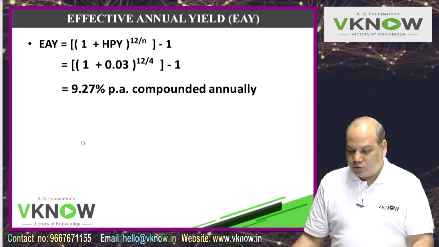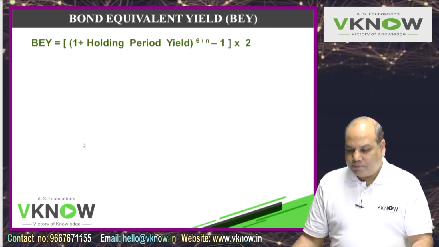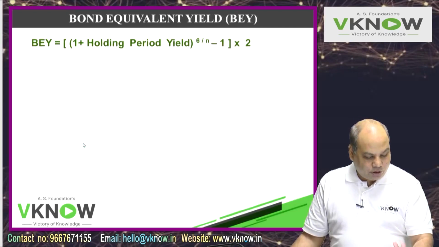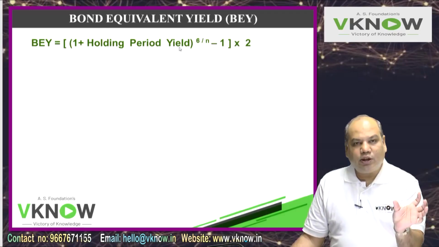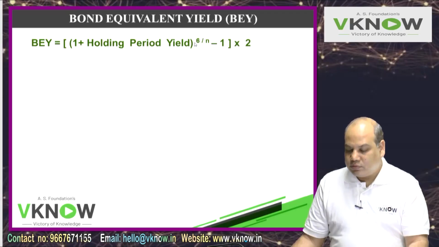Okay, let us go to next heading, bond equivalent yield. Next line, bond equivalent yield, BEY. Bond equivalent yield is equal to, first you draw this big bracket, 1 plus HPY. First we will calculate the effective yield for 6 months, to the power 6 by n minus 1. What you have written in bracket will give you effective yield for 6 months, multiplied by 2 will give you annual yield.